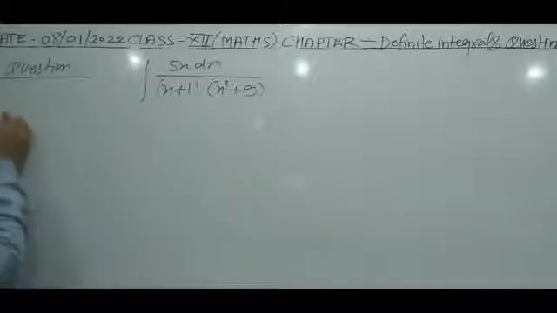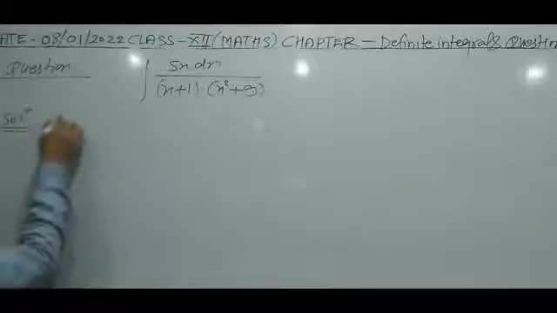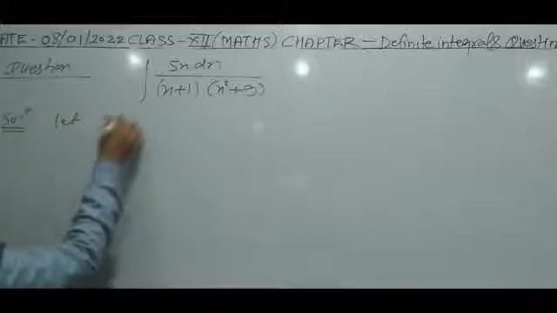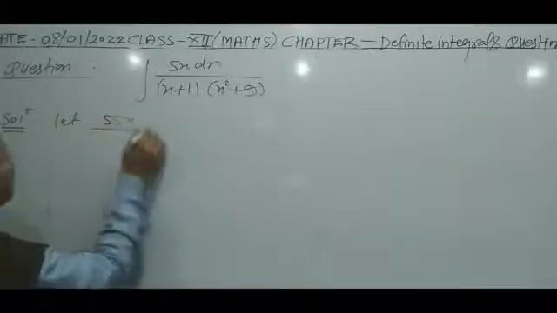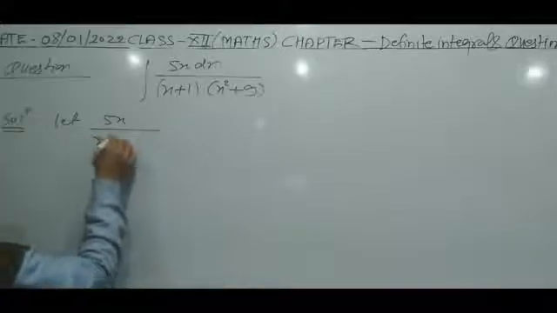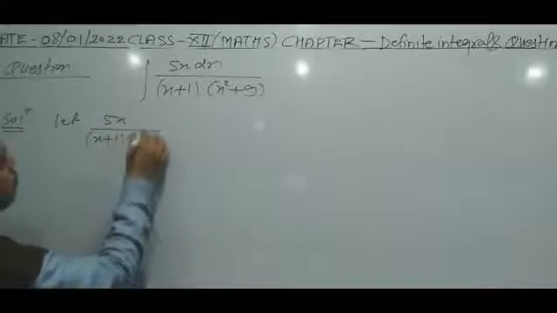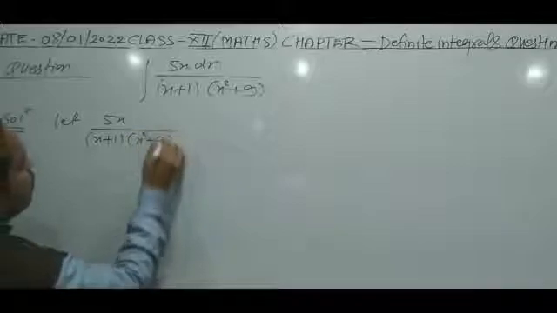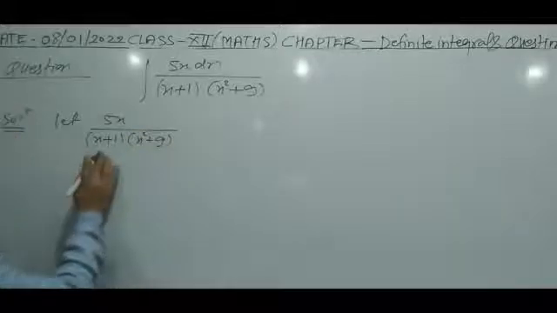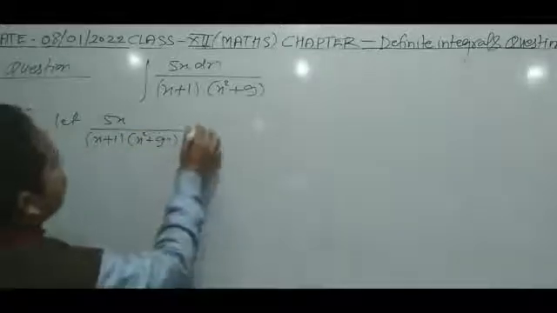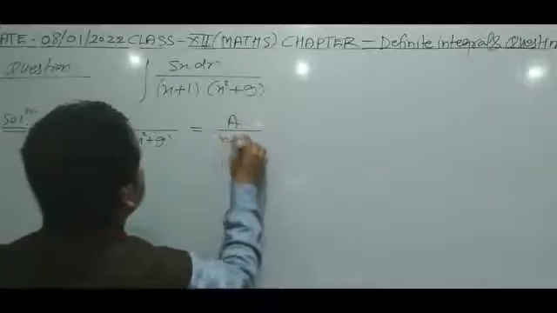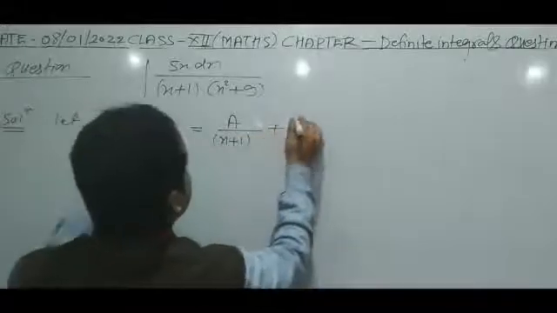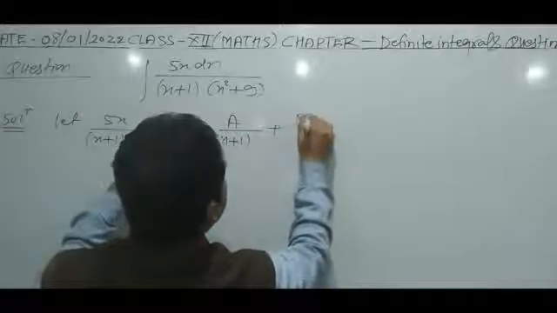So let us see the solution. Let 5x whole upon (x plus 1)(x square plus 9). This is the linear, this is the quadratic. So this one we can split as constant upon linear plus linear upon quadratic.